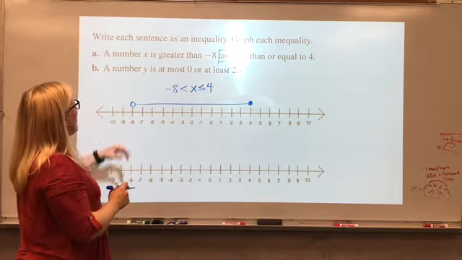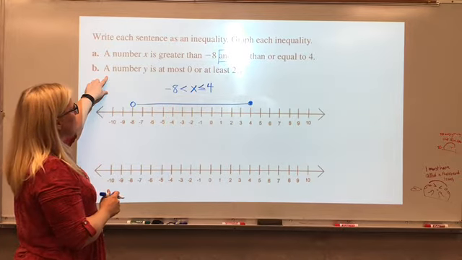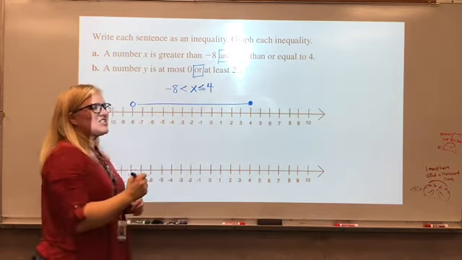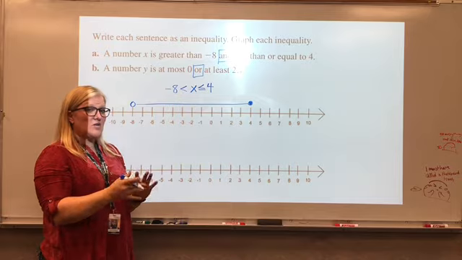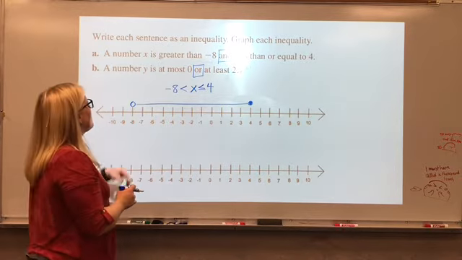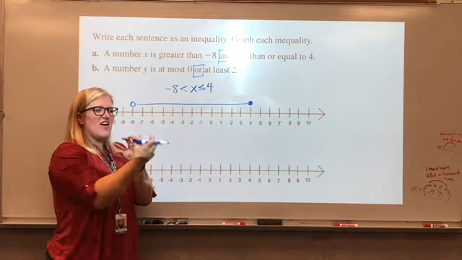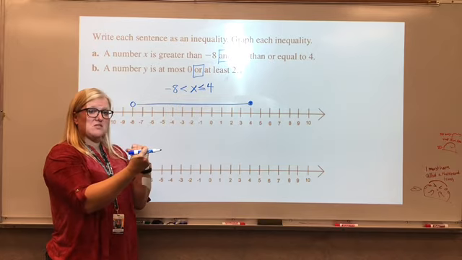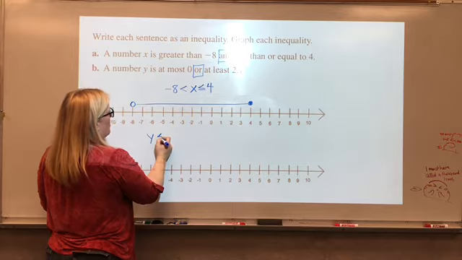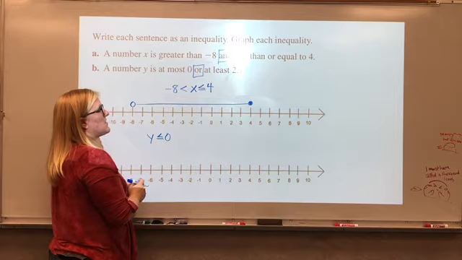All right, so under here, part B, I have a number y is at most 0 or at least 2. Okay, so now we're dealing with a little bit different verbiage, different words here to describe this. The number y is at most 0. If it is the very most at 0, that means things can be smaller than it, right? So y is less than or equal to 0, because at most it can be a 0.